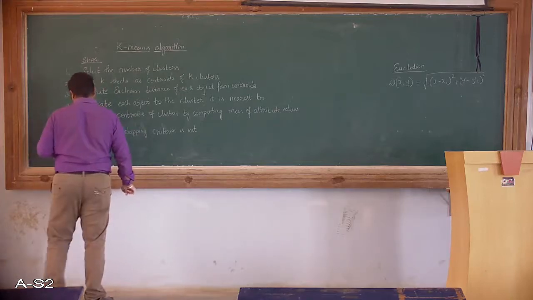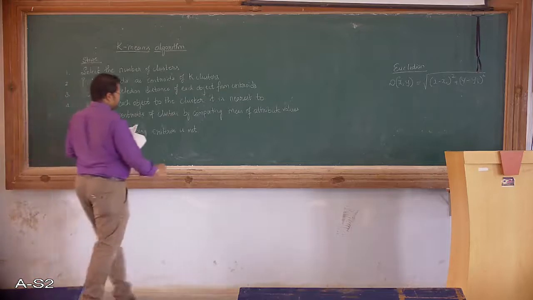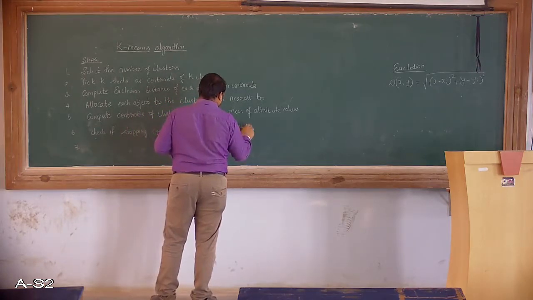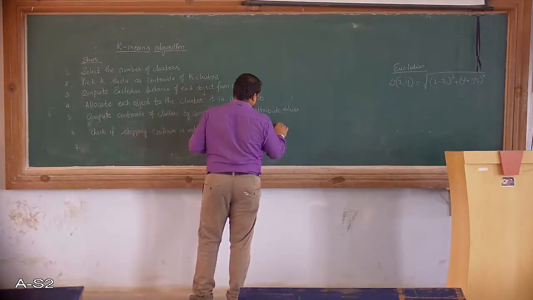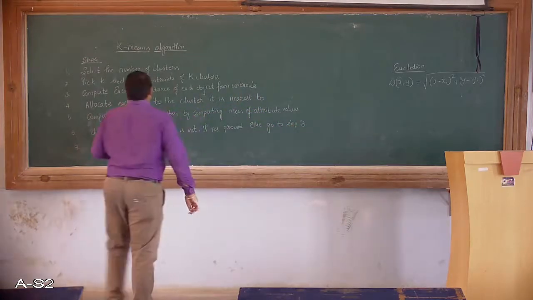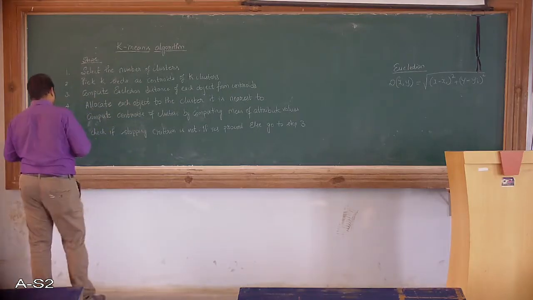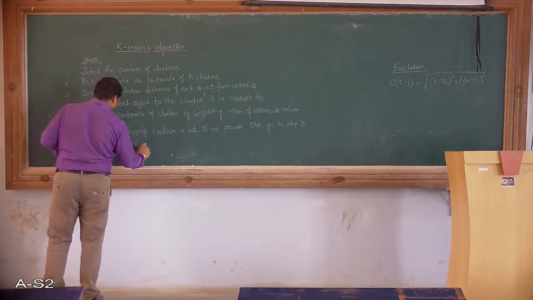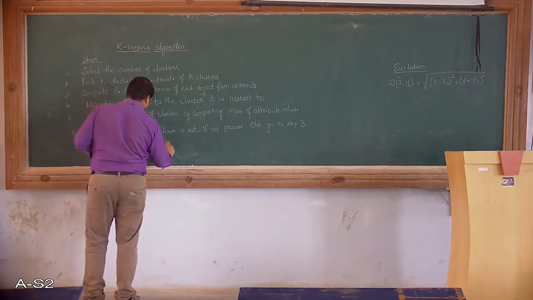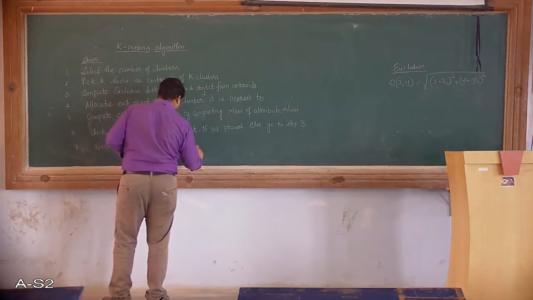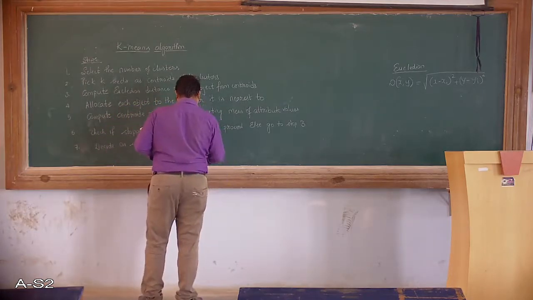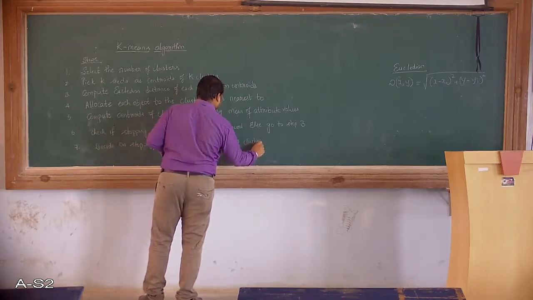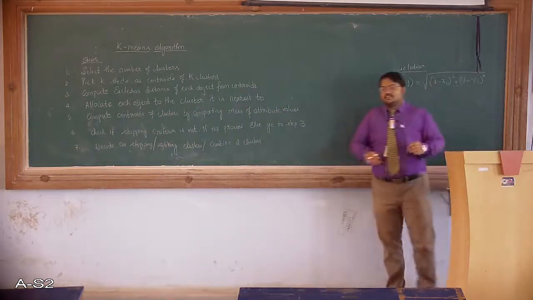If yes, proceed, else go to step 3. The seventh one is decide on stopping, or splitting clusters, or combine two clusters. So these are the 7 steps which are involved in this k-means algorithm.